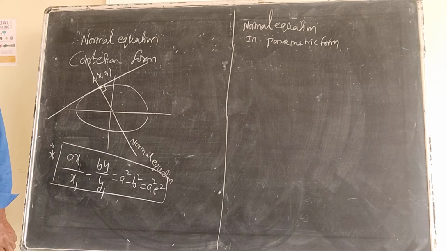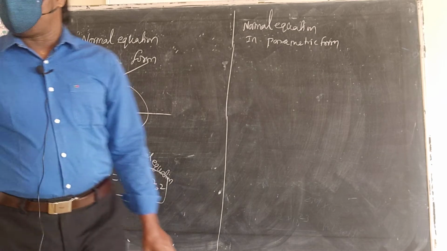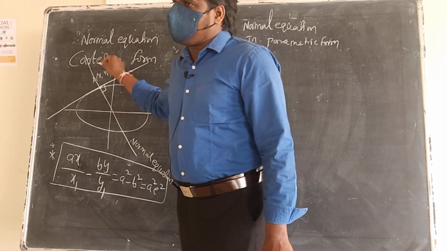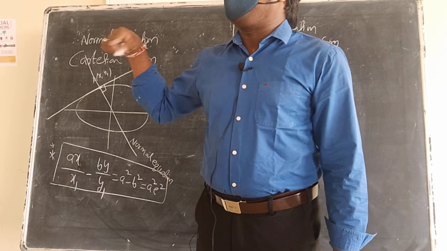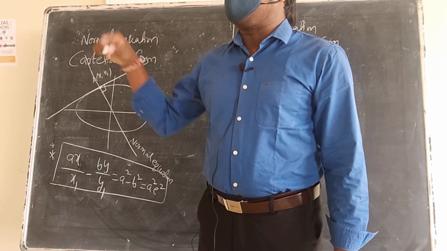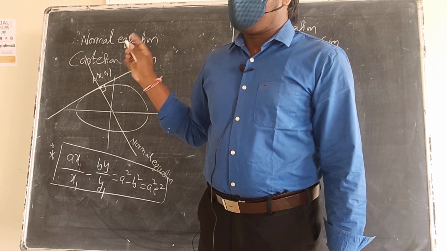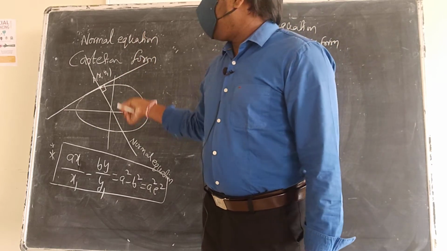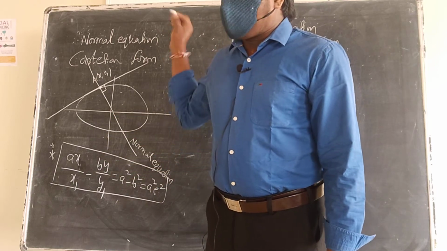Otherwise we can use the applications of derivative concept: we differentiate, substitute the point, and get the slope. The normal slope will be perpendicular, so minus 1 by m. Then you have the slope and the point, so you can find the equation of the normal directly. I use that method.